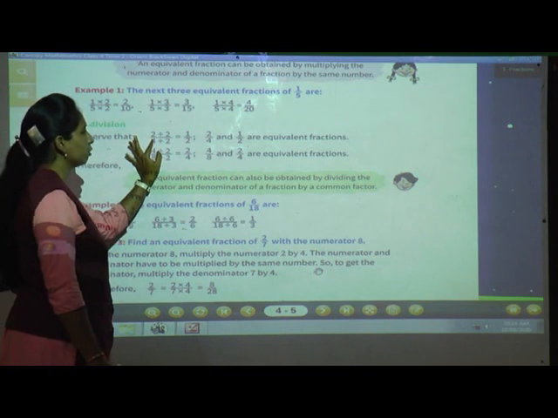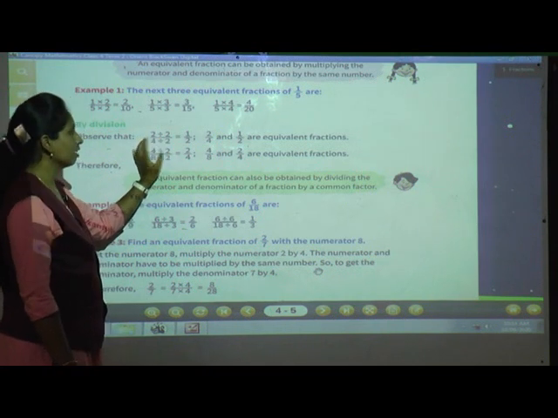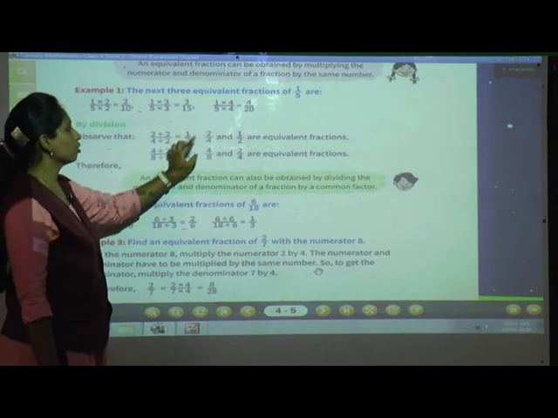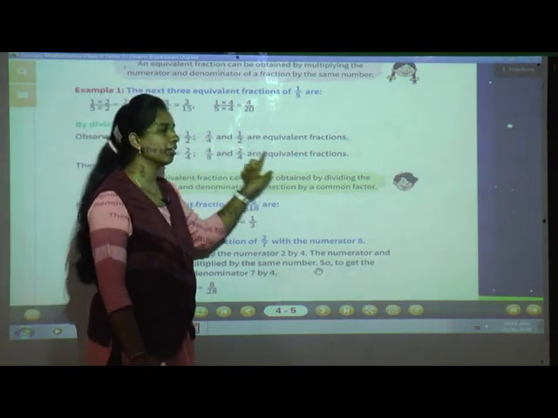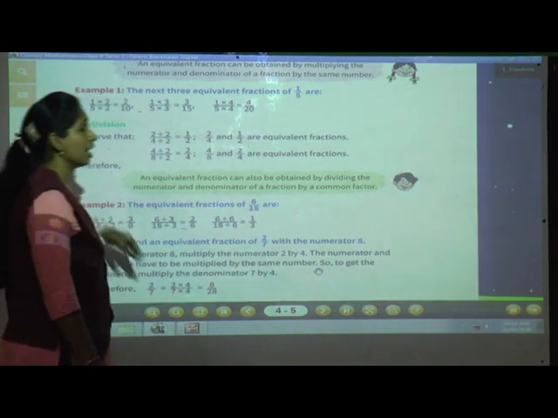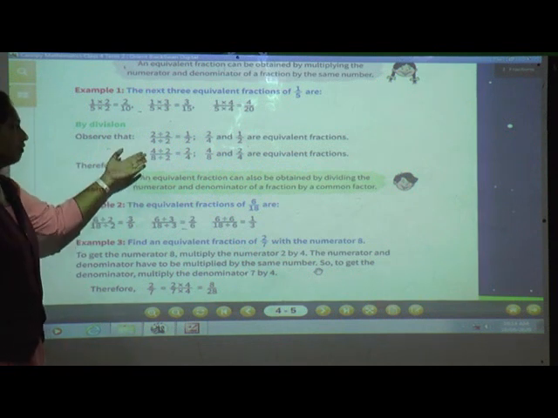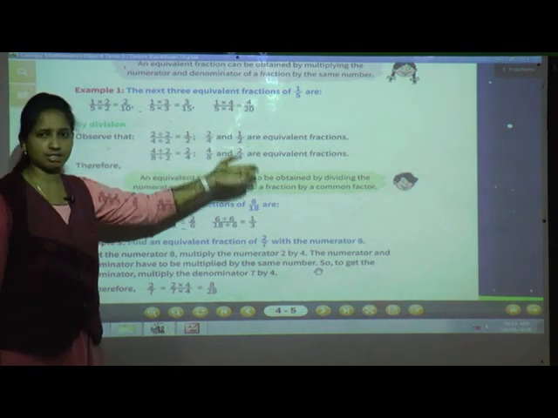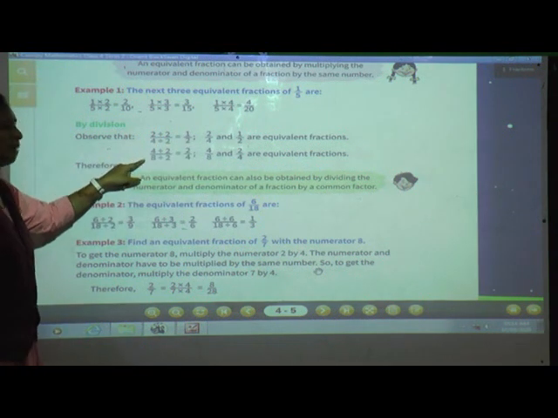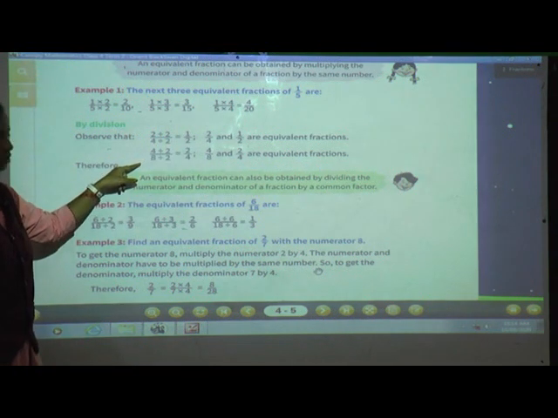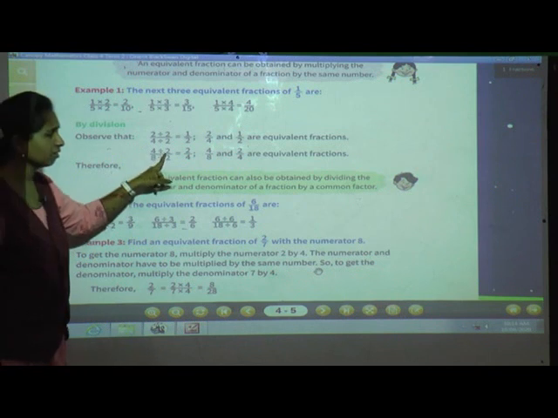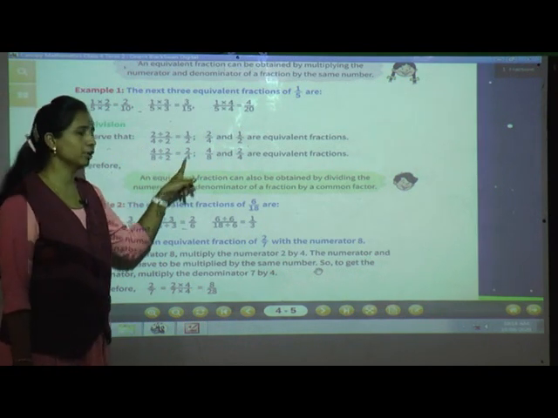If we divide 2 by 4 with 2, we get 1 by 2. So 2 by 4 and 1 by 2 are equivalent fractions. We have seen it with multiplication, now we are seeing it with division. If we divide also, we get the same fractions. Now 4 by 8 is also an equivalent fraction. How do we get it? If we divide with 2, we get 2 by 4.